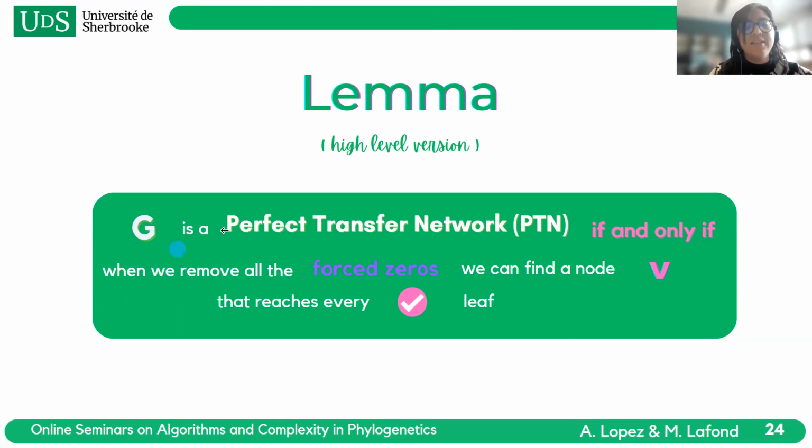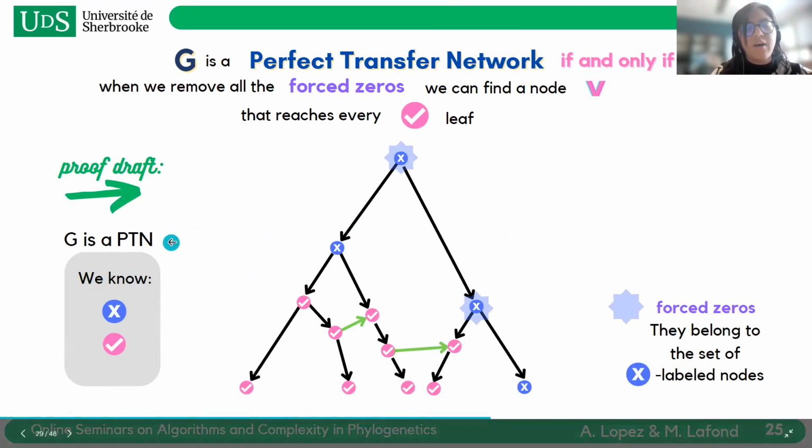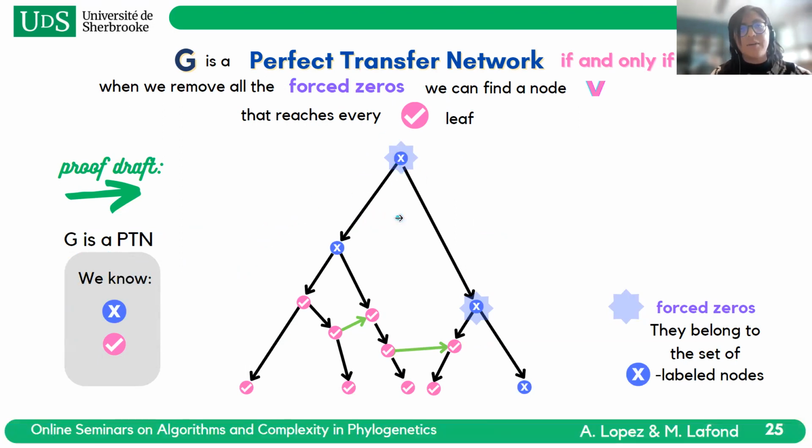So we say that G is a perfect transfer network if and only if, when we remove all the force zeros, we can find a node that reaches every leaf marked as an on token. So I'd like to present a small draft of this proof. For the forward direction, we start with G being a PTN. If G is a PTN, we already know how we should place the tokens along this network.